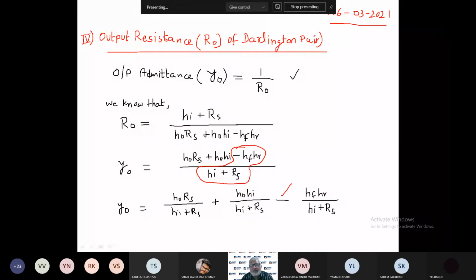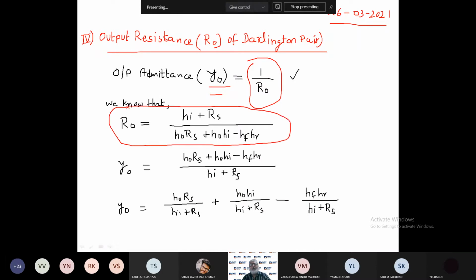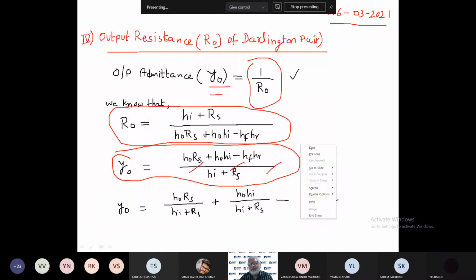So you see here minus hf hr by hi plus Rs. Okay. So how did I get this? Simply, output admittance Yo is equal to 1 by Ro, whereas Ro we already know for the h parameter model is this, and I have written it in terms of Yo, meaning the reciprocal of that, and I have split this into three terms. That's all.